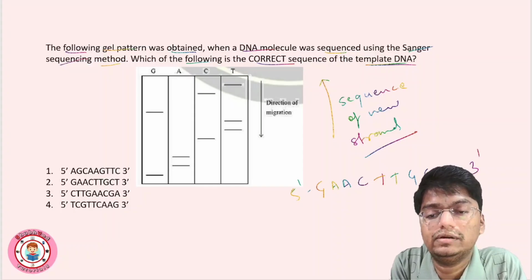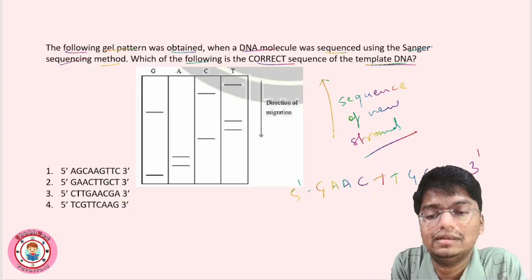Now what? Complementary strand. Because we have to see the template strand. Right? But don't mark this. इसको mark नहीं करना है. This is a new strand sequence. अब इसका complementary होगा 3 prime.